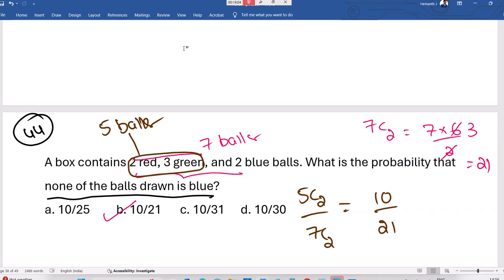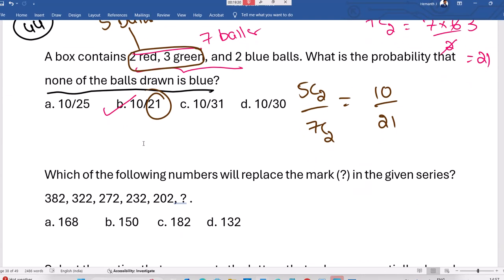Then I go for 2 balls drawing, 5C2 over 7C2. 3 balls, 5C3 over 7C3. Like that we have to try. The denominator must be a 7 multiple. Whether you go for 7C1, 7C2, 7C3, anything, it should be a 7 multiple. Denominator 7 multiple, only one option available. That's it. So do the smart game likewise.